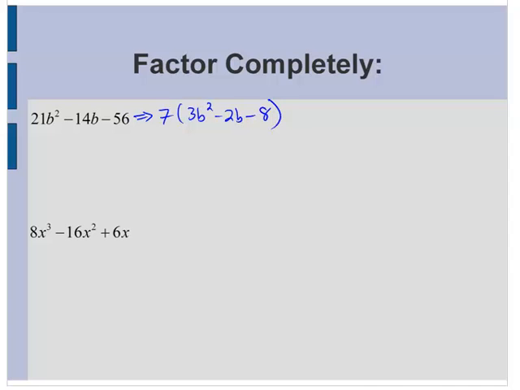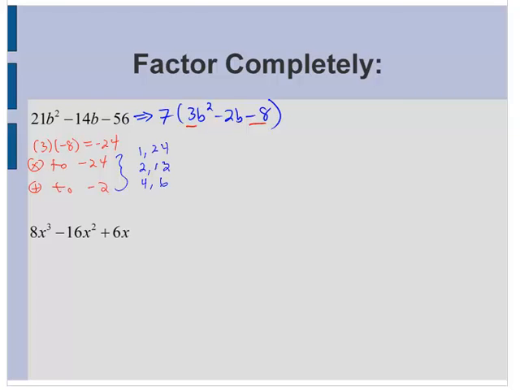Now, 3 by negative 8, 3 times negative 8 is negative 24. And so we want a pair of numbers that multiplies to negative 24 and also adds to negative 2. 1 and 24, 2 and 12, 4 and 6.